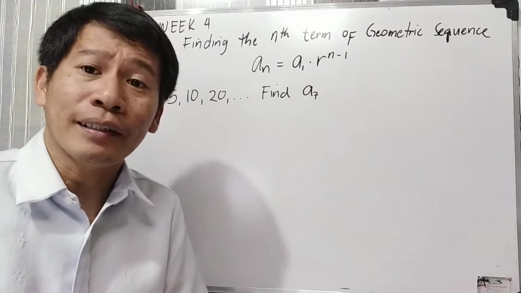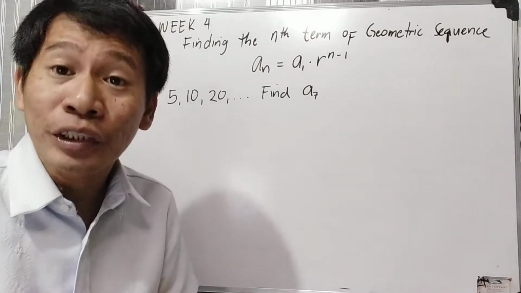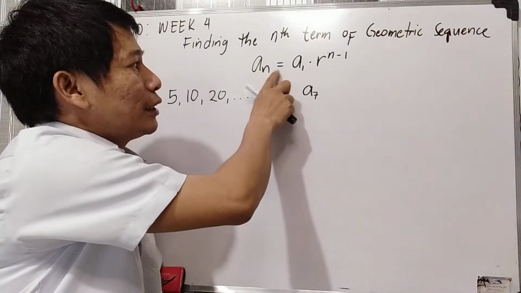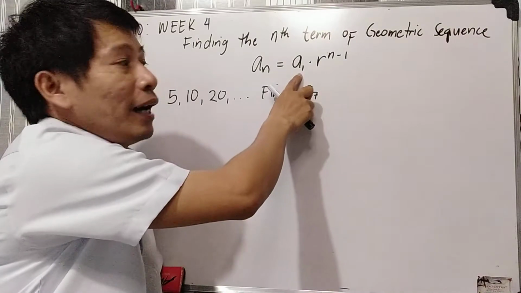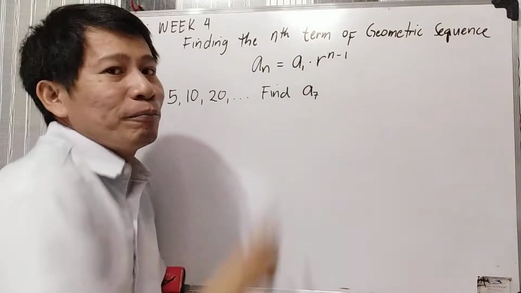Now, in order for us to find that nth term, we will be using this formula: a sub n is equal to a sub 1 times r raised to n minus 1.